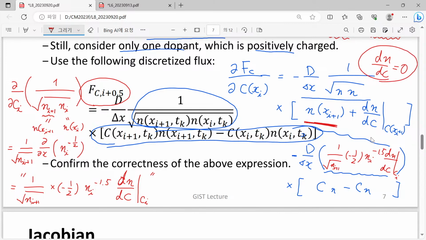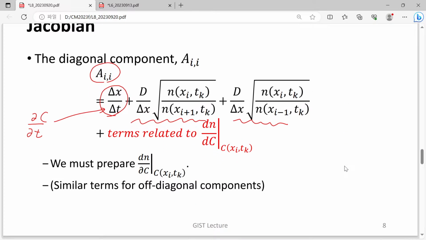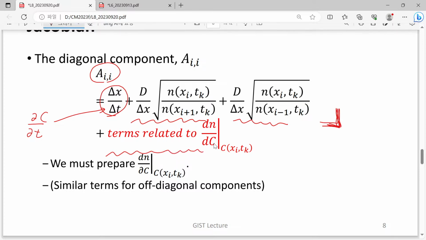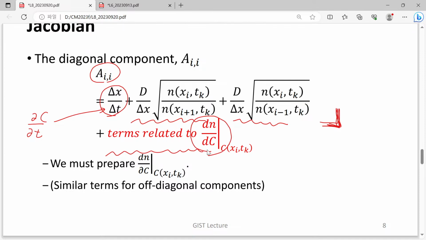Then everything here and here can be eliminated, and you have quite a simple expression for the diagonal component of a Jacobian matrix. Of course, this is not perfect, not correct, and you must consider terms related to dn over dc. But there is one piece of good news. I have tested both of them.